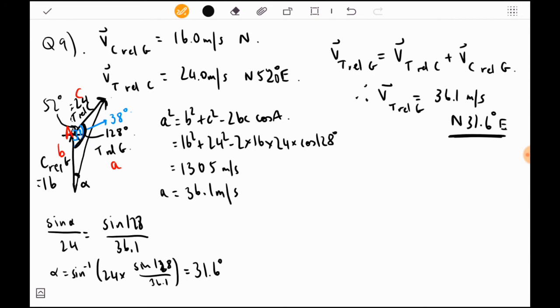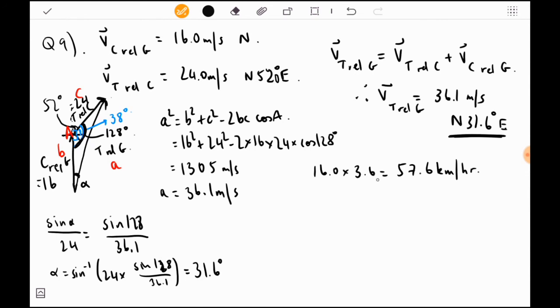But I think it's easier to just convert this from meters per second to kilometers per hour. The trick to converting from meters per second to kilometers per hour is to multiply by 3.6. So multiplying 16.0 by 3.6, you end up with 57.6 kilometers per hour.